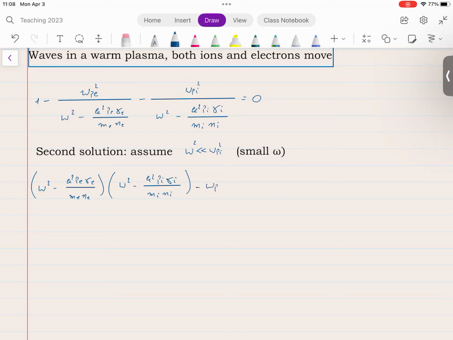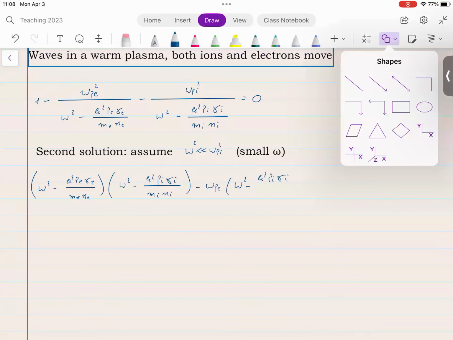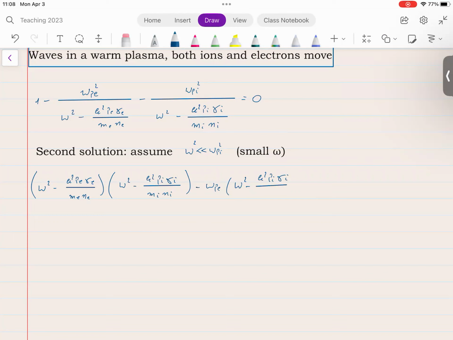Then I have minus omega pe square that multiplies omega square minus k square p ion gamma ion divided by m ion n ion, minus omega p ion square, a similar term that multiplies omega square minus k square p e gamma e divided by m e n e, and all of this is equal to 0.